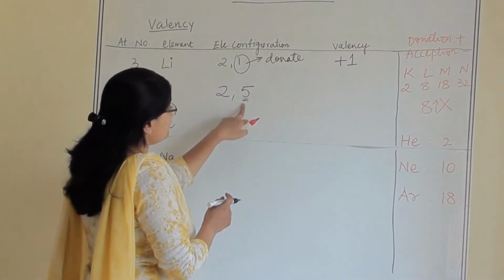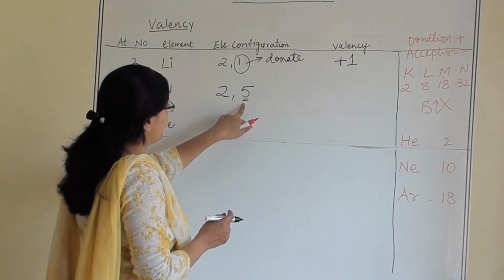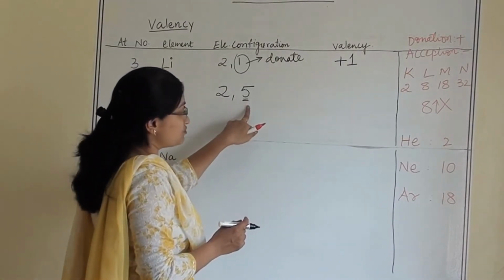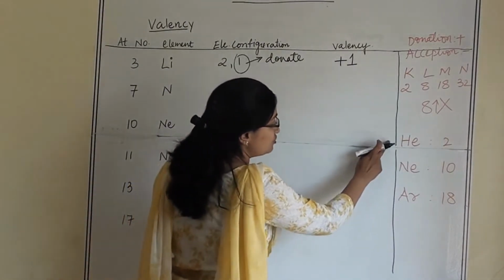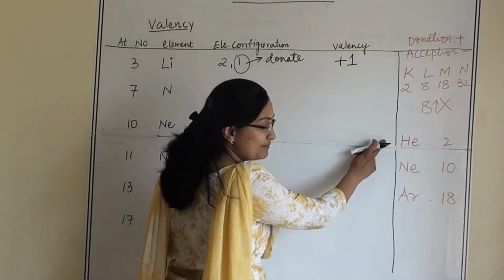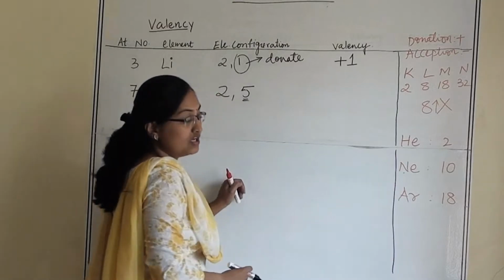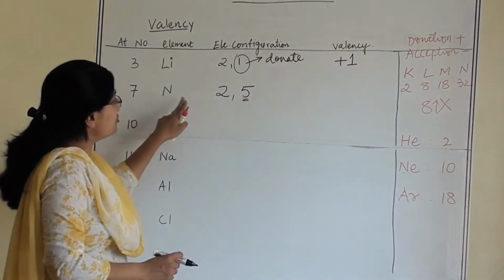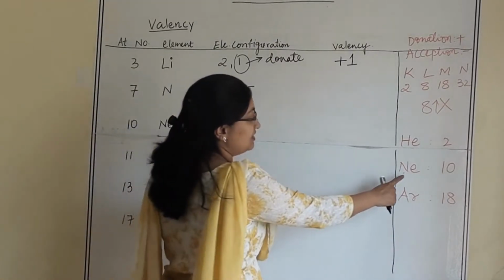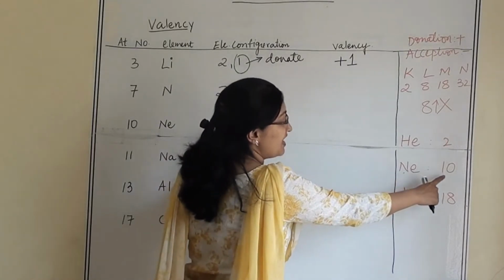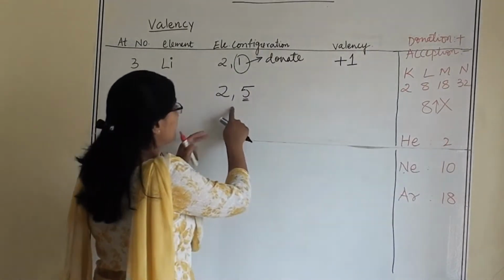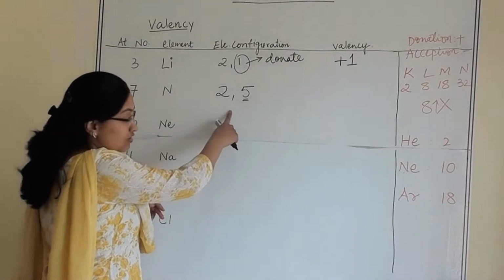So now these 5 electrons are there, and 2 and 5, so 7. So nitrogen is near to which noble gas? Helium? No. Argon? No, very far. So it is near to neon. If nitrogen wants to be like neon, it wants to have 10 electrons in its electronic configuration.